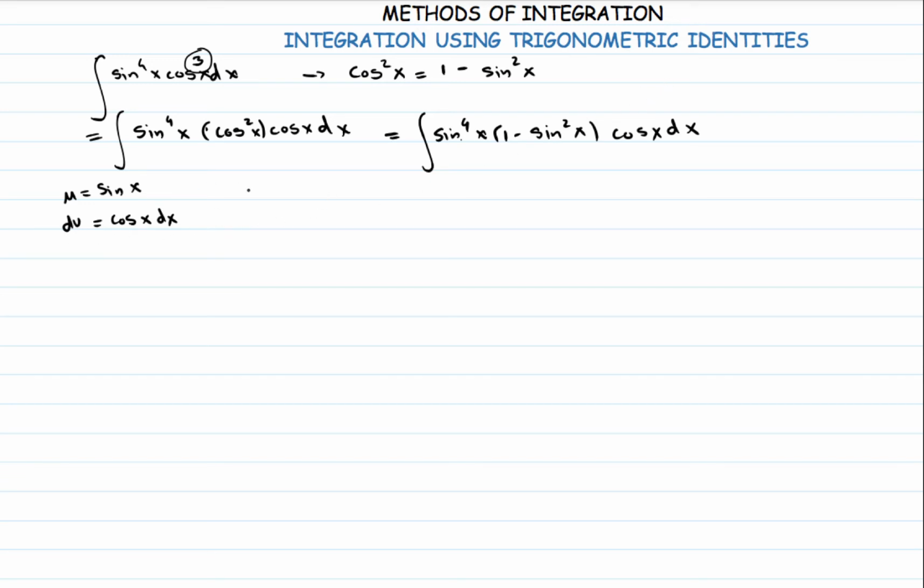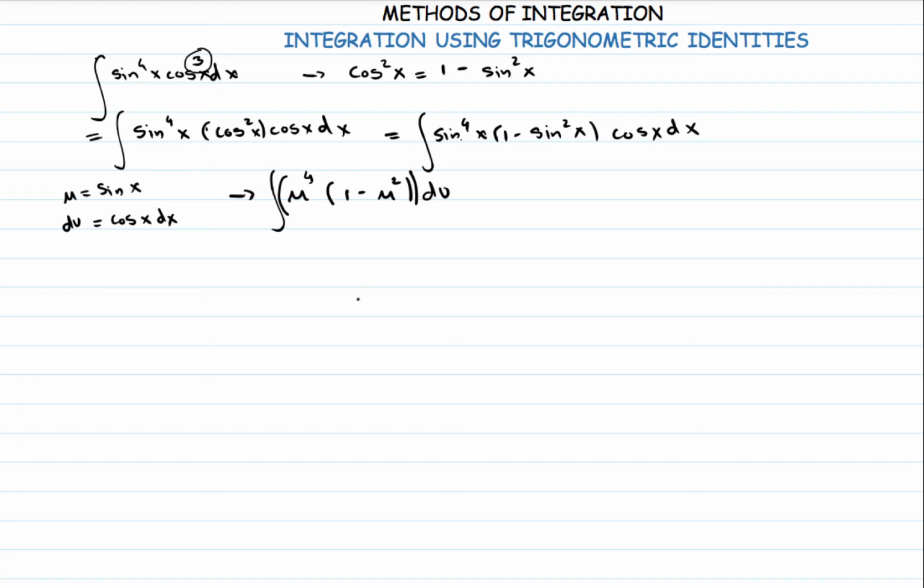Fine. Now continue with this. We're just going to replace it. Now our function is going to be expressed in terms of u. Instead of sine raised to 4, it becomes u raised to 4, into 1 minus sine square, which becomes u square, and then cos of x dx, which means du.